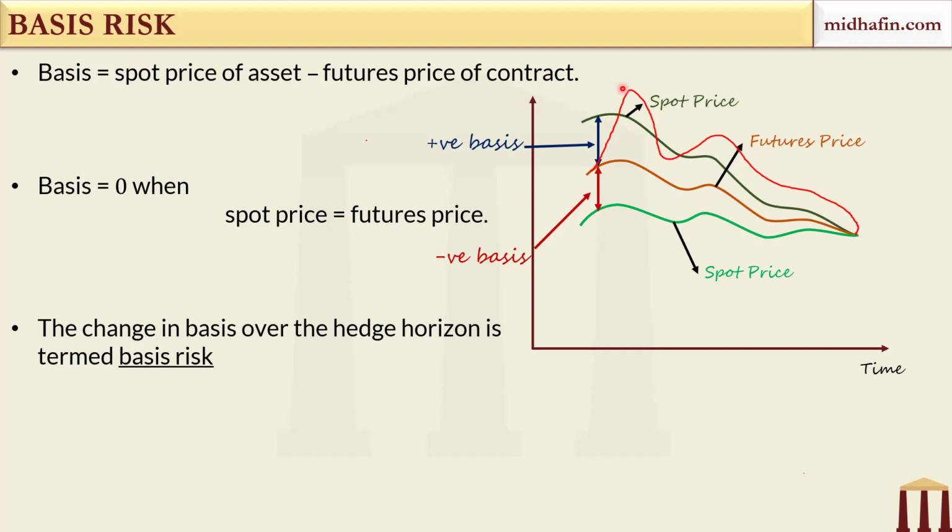So let's assume, for the sake of simplicity, that we have two contracts available. One of them, let's say, is this year's December contract, and the other is next year's March contract. Two contracts are available right now. Natural gas, and I'm talking about the US market.